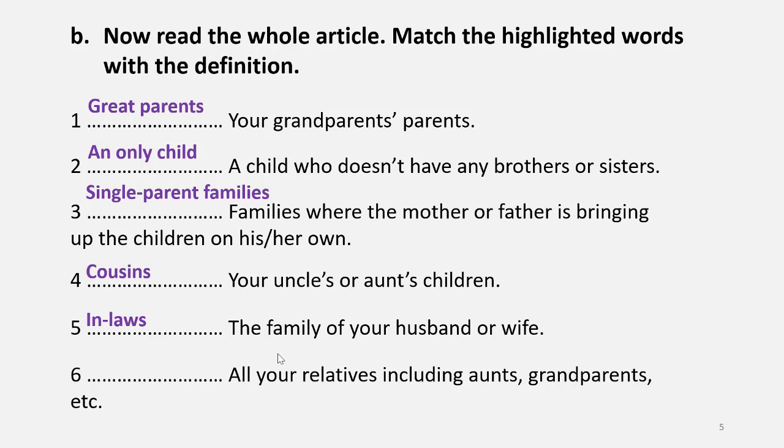Yes, in our families, right? We have our relatives, including your aunts, your uncles, your cousins, and your grandparents. Do you remember that phrase? Extended family, right? Yeah, extended family, so right.